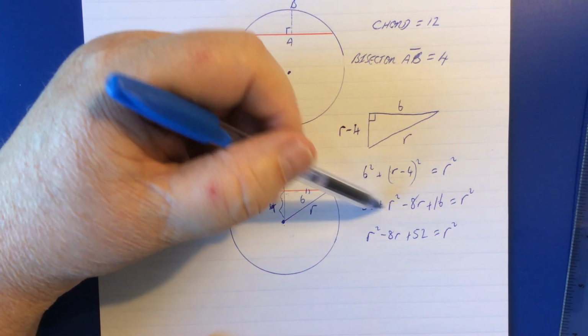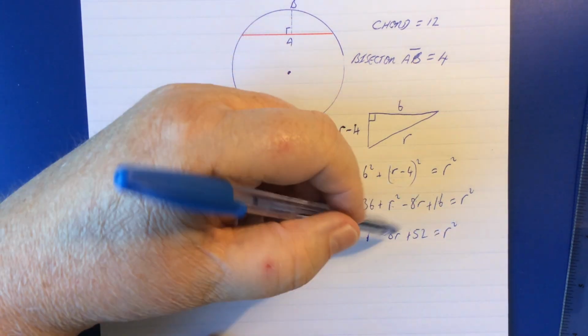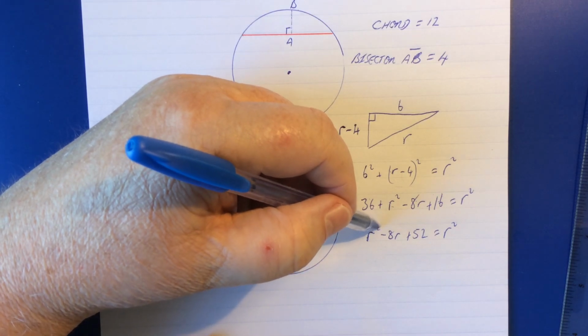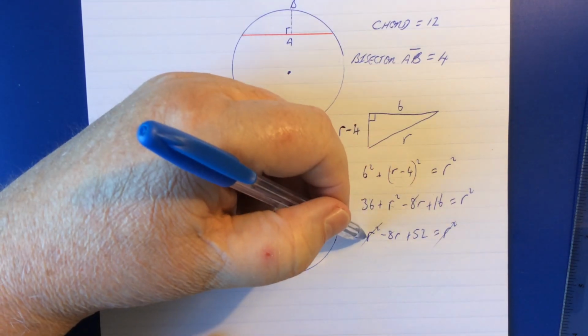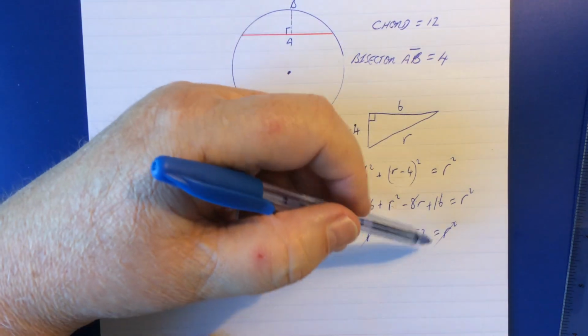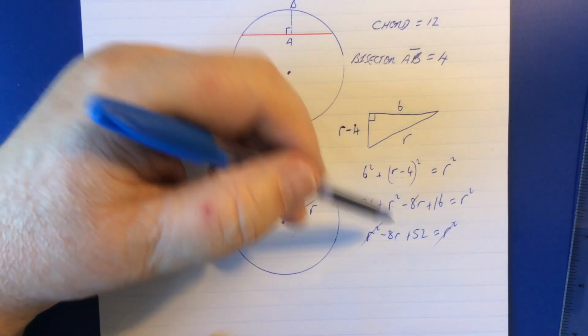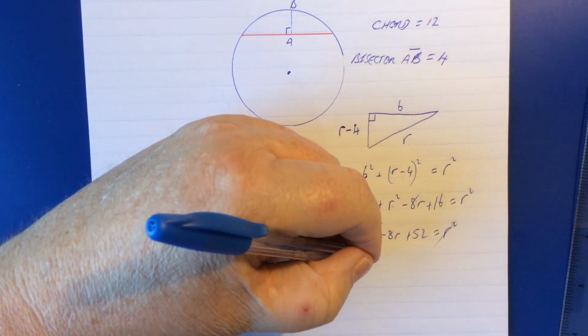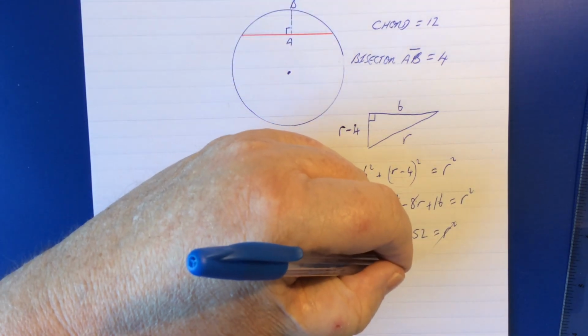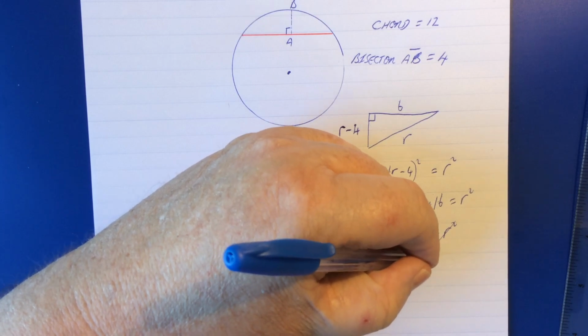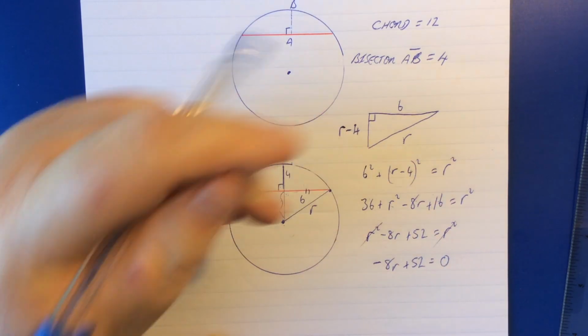I hope I've got everything there. Yes, I have. Now, we can get rid of these, they cancel. If we move this one over here, it becomes negative. Add that to that, it becomes 0. So we can write this as negative 8r plus 52 equals 0.